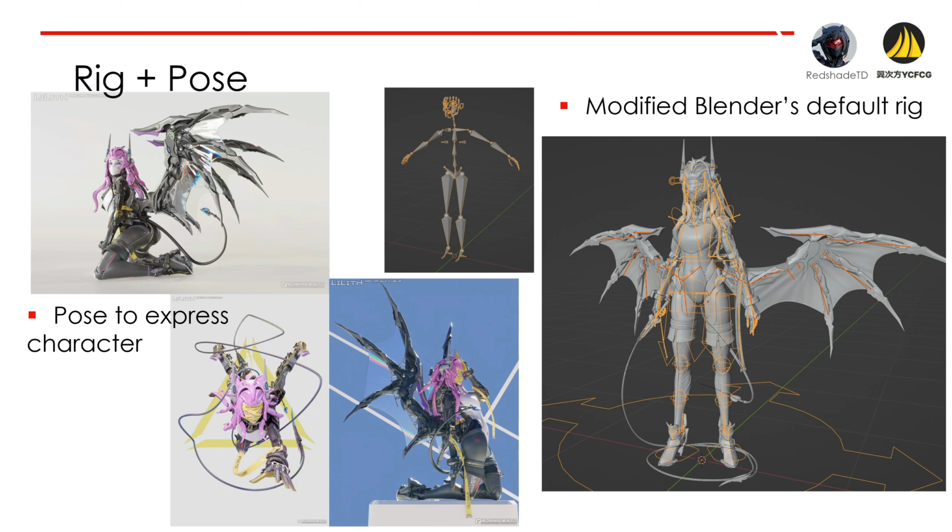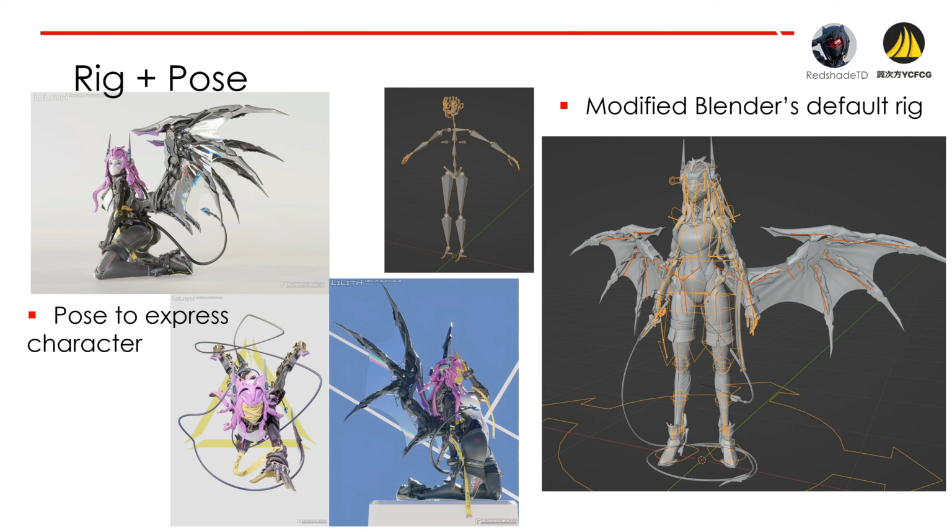Here we have Lilith's rig. Nothing too crazy, just some basic bones to control some of her details. If you want any detail to move, you should have an individual bone for all of them. Nothing too crazy, nothing too advanced.